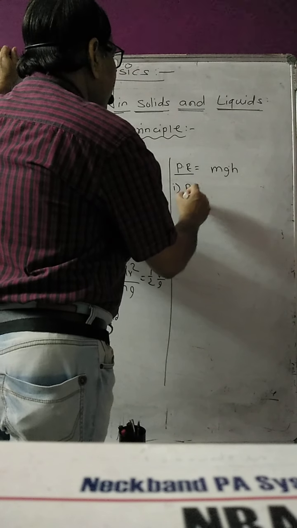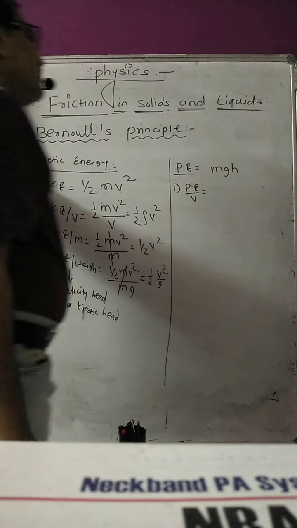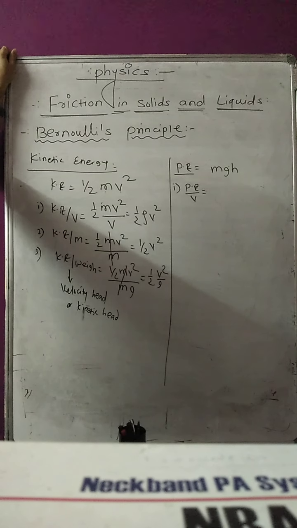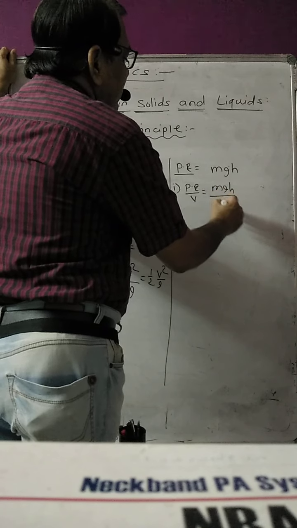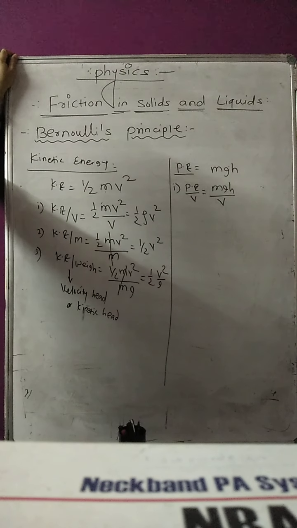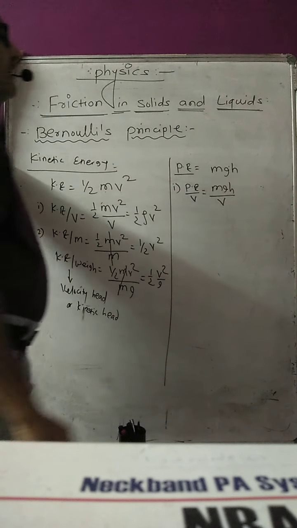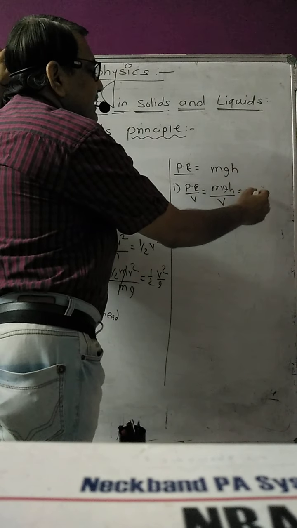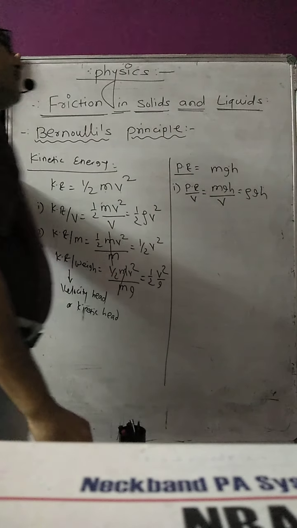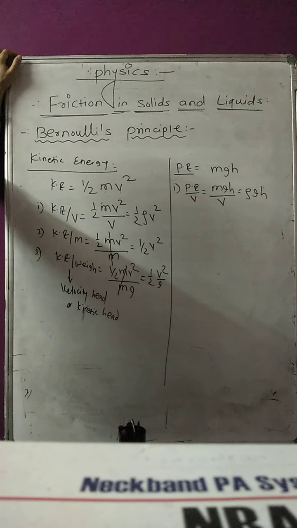Potential energy per unit volume is m g h upon v. Here m upon v, mass upon volume, is density, so it is rho g h. That is the potential energy per unit volume.